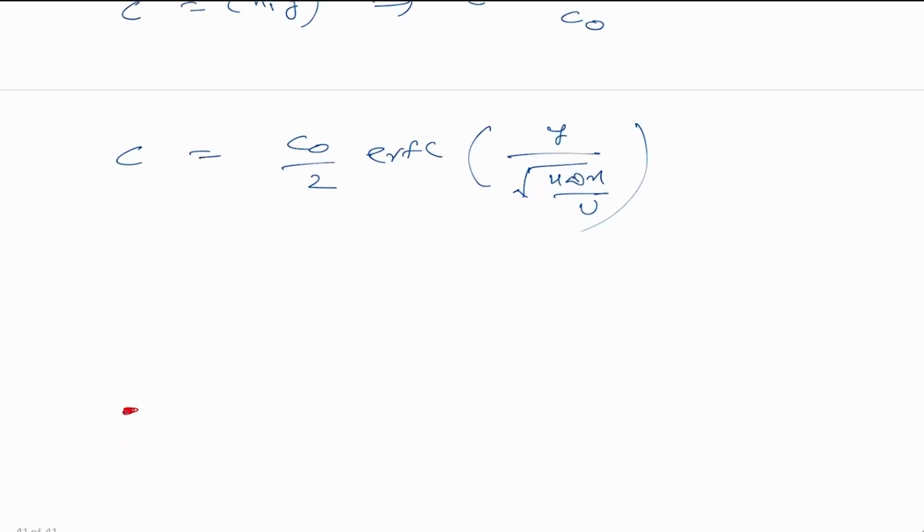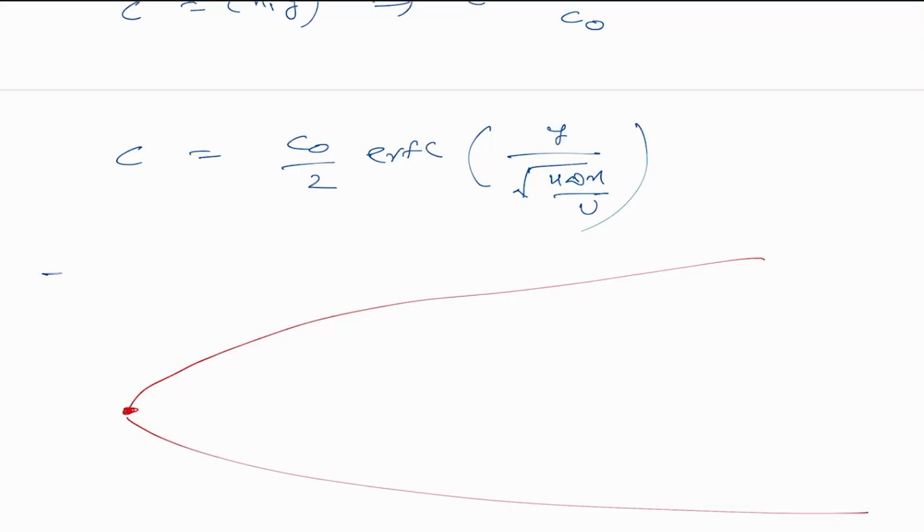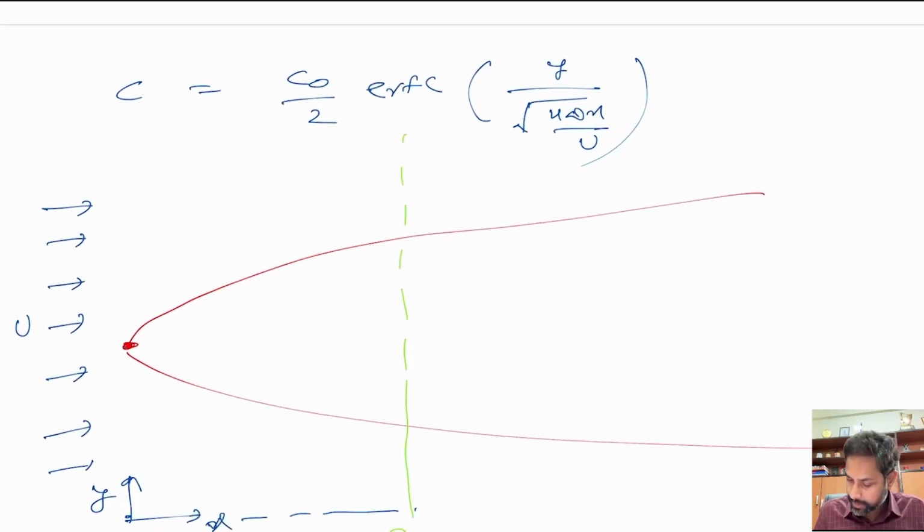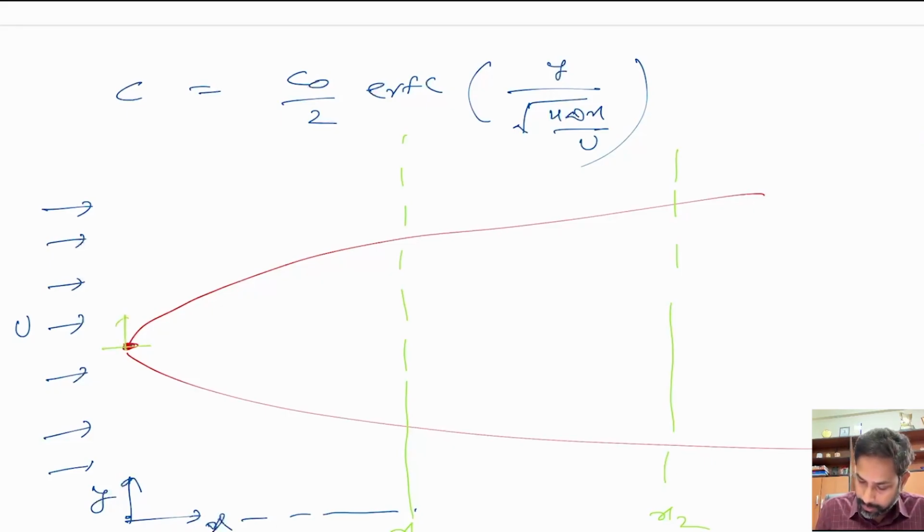Right, and now for a particular x direction, so if you are solving it, so this is a point of injection and this is the zone of influence, right, and this is the direction of the flow. So we have defined this as x, this as y. So if you define this as x1, this as x2, and from here this is positive y, this is negative y, right?